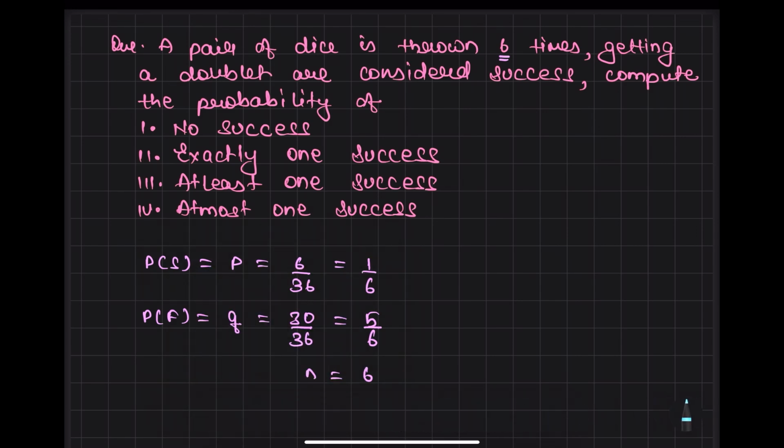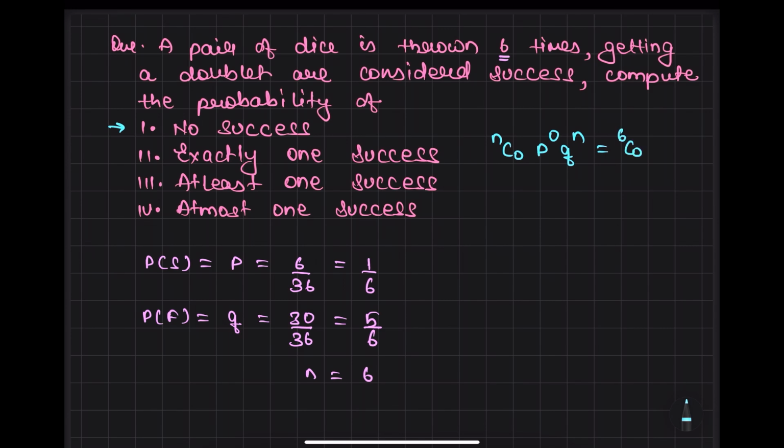So we have to handle question number 1, which says no success. No success means what? Success will carry power 0. Okay, so can I say that it is nC0, p to the power 0 and q to the power n, and here n is what? 6.